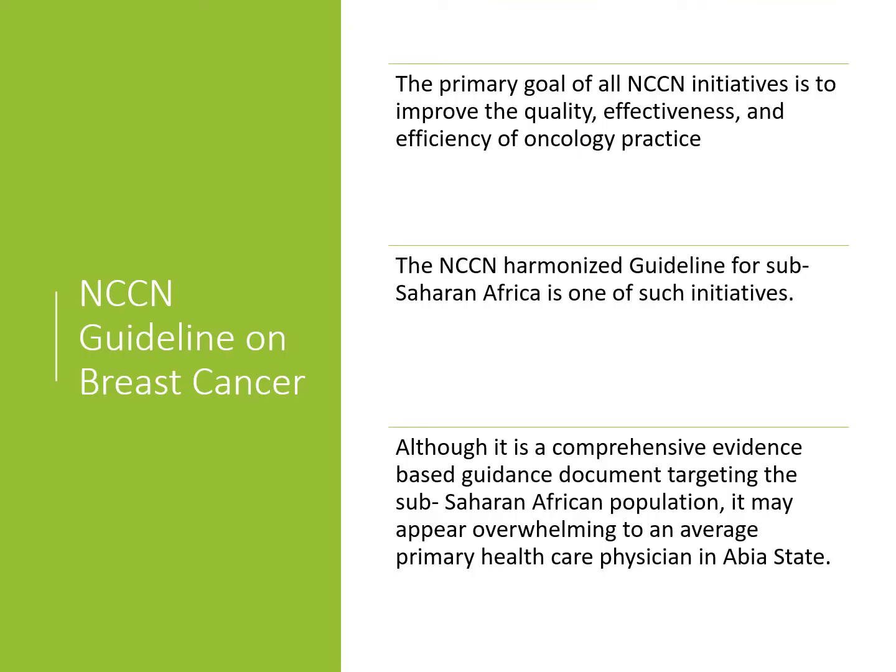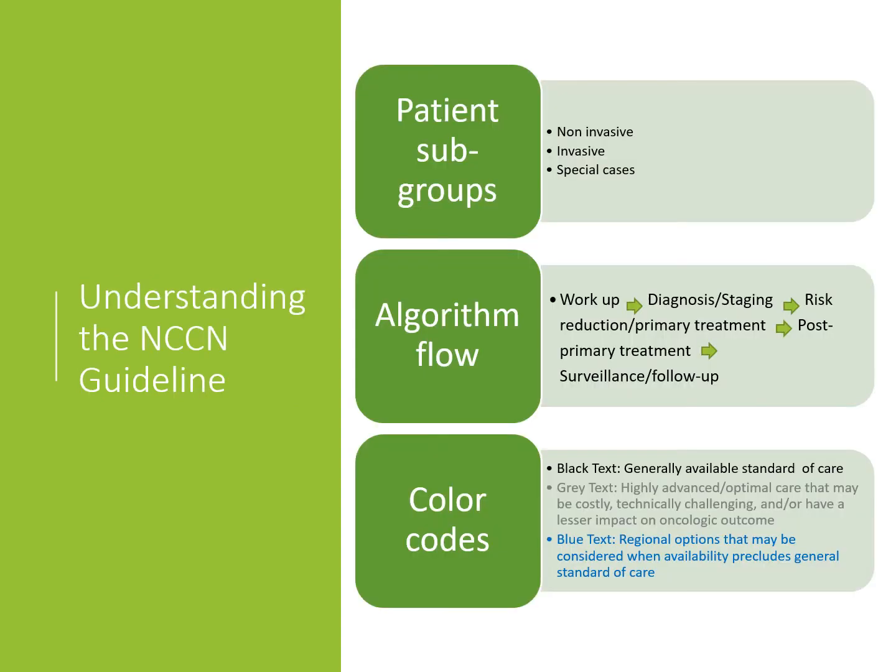The primary goal of all NCCN initiatives is to improve the quality, effectiveness, and efficiency of oncology practice. The NCCN Harmonized Guideline for Sub-Saharan Africa is one of such initiatives. Although this is a very comprehensive evidence-based guideline document that targets the sub-Saharan African population, it may still appear overwhelming to an average primary healthcare physician in Abia State.